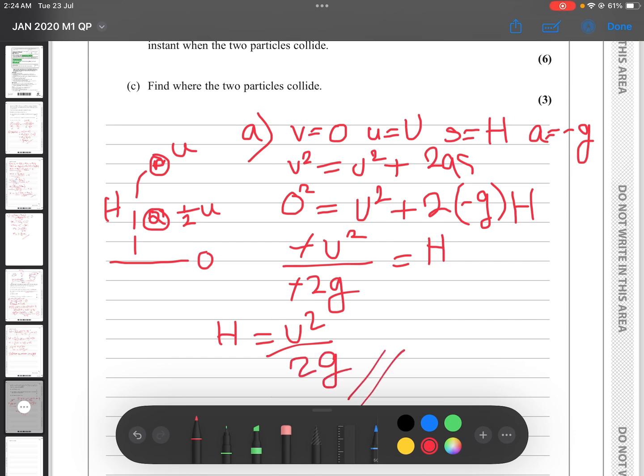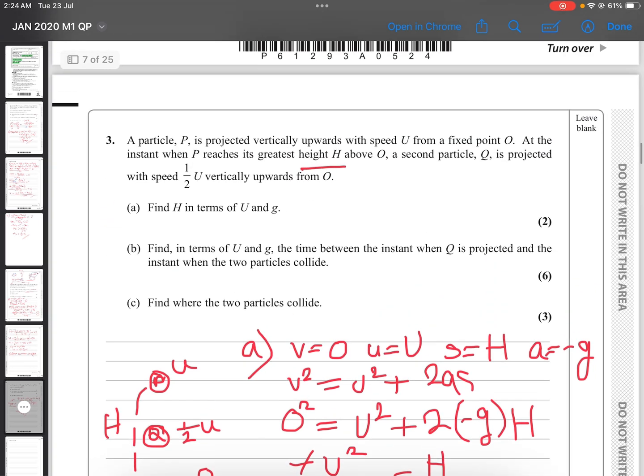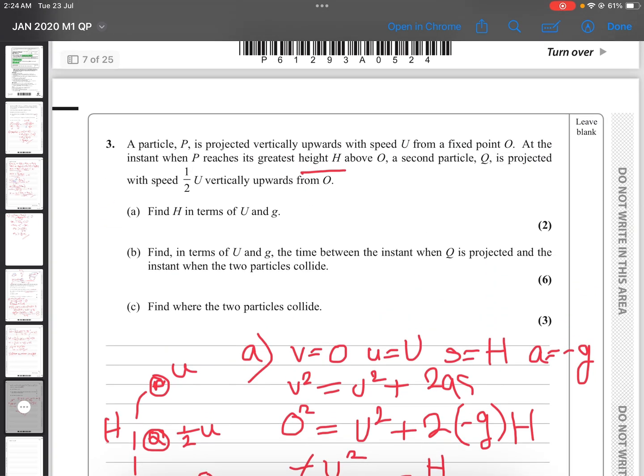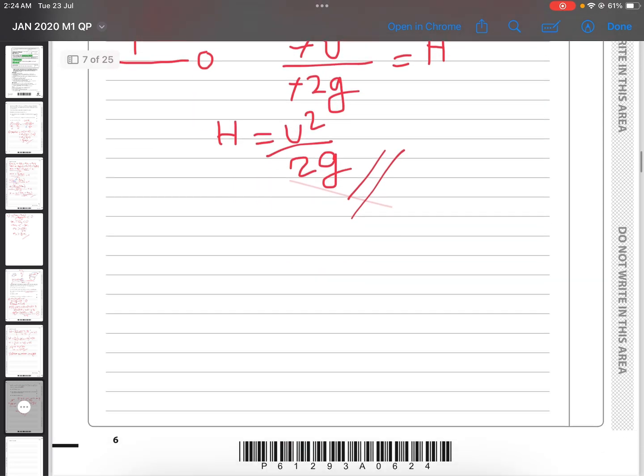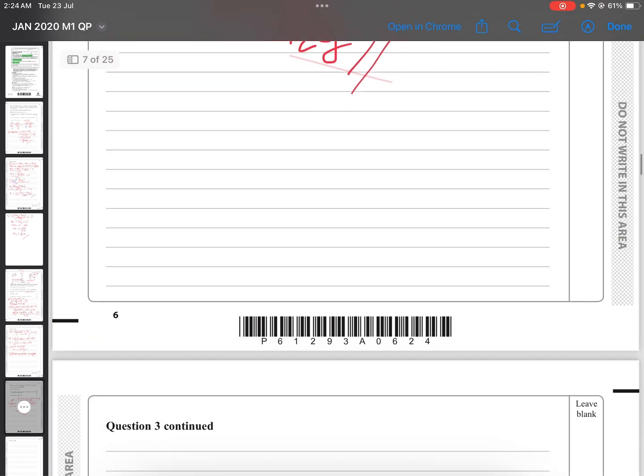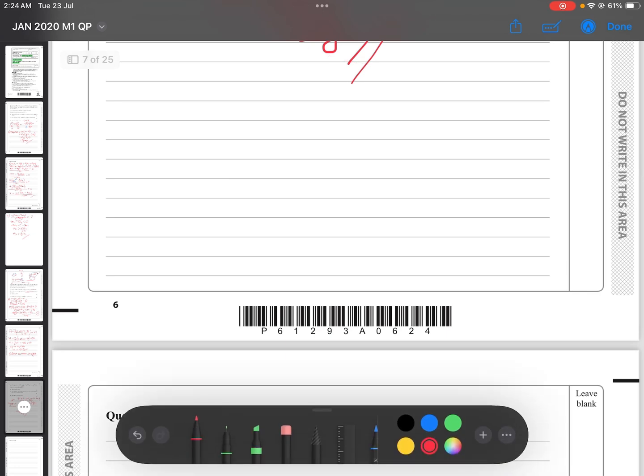That's part A. And then part B states that find in terms of u and g the time between the instant when Q is projected and the instant when the two particles collide. Okay, part B is a tricky question, but I will make it easier for you guys. First, let me draw it up again for you all.